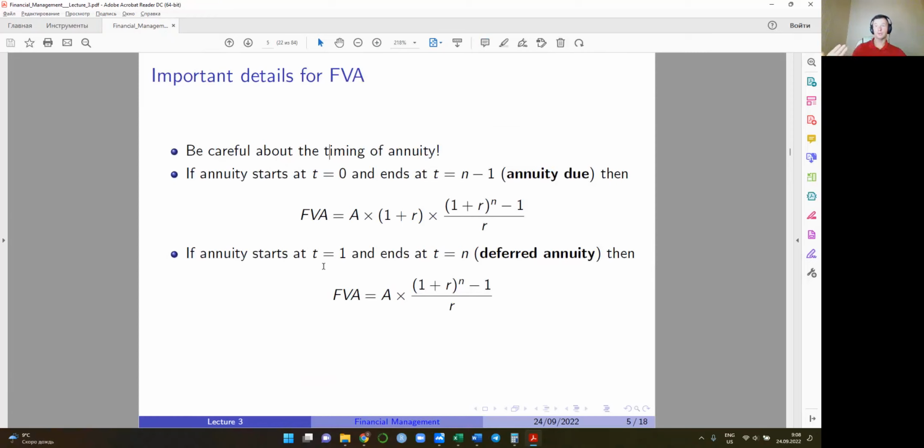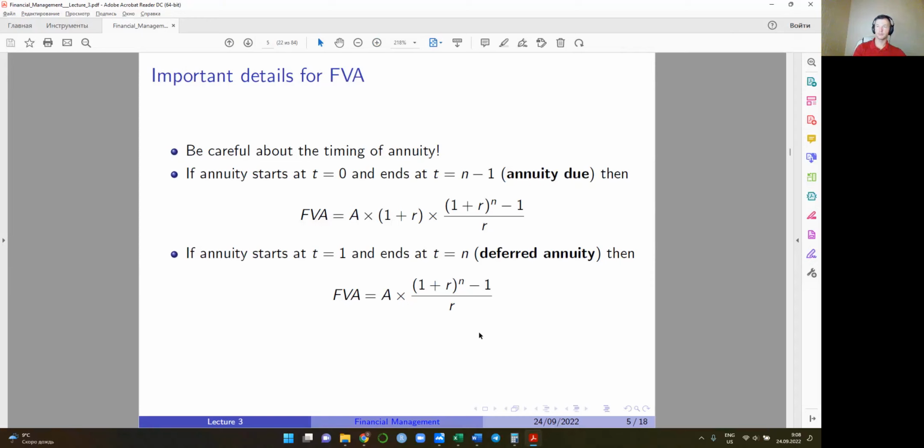Therefore, if you have an annuity where the first payment starts at t1 and the last payment ends at tn, and we call this a deferred annuity, then future value is computed without this extra term 1 plus r. You simply multiply A by this term.